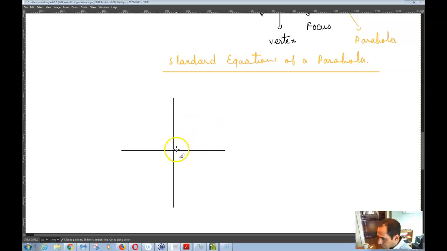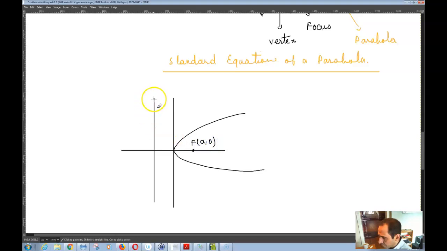Meaning that your parabola could be, for example, something like this, and this would be your directrix, this would be your F, and then the coordinates of this point would be F, a comma 0.